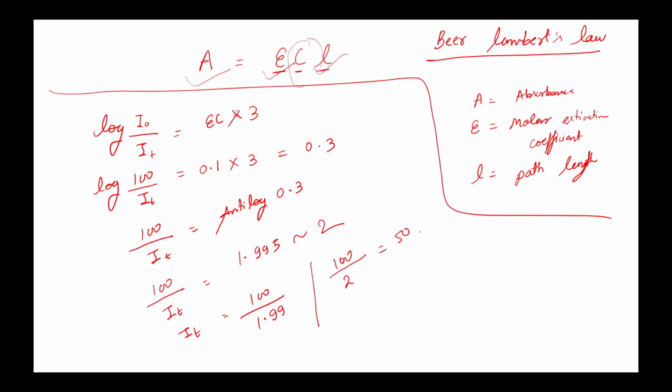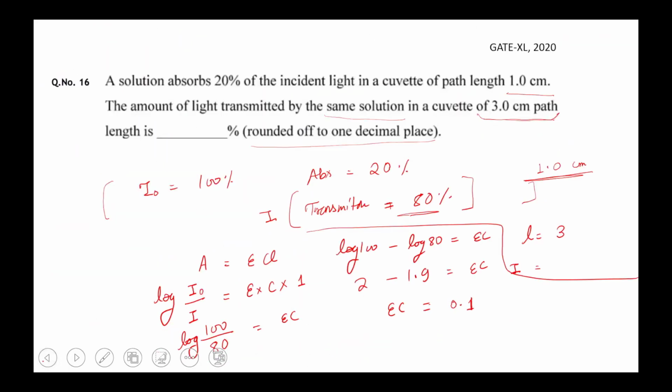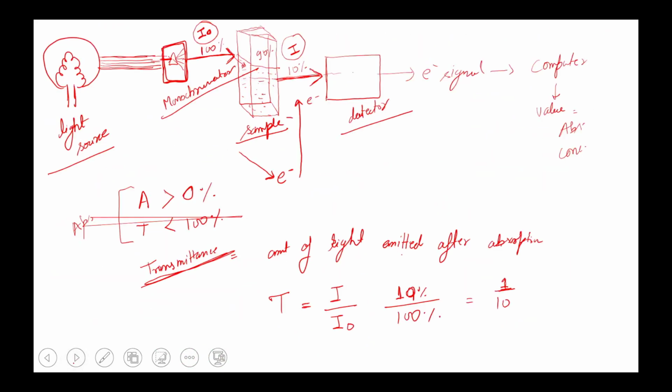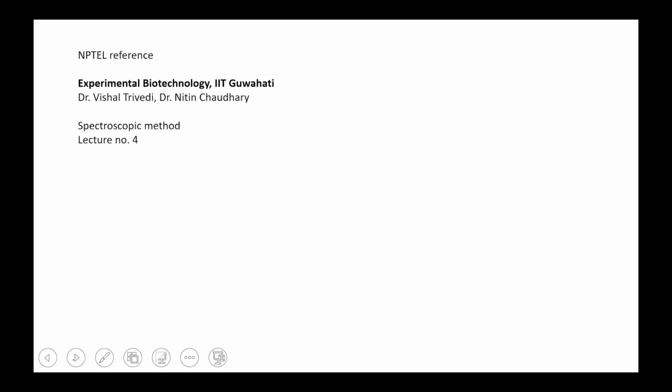That means 50% will be the transmittance. If we solve this precisely, it will come to something like 50.12%. Because the question asks for the answer rounded off to 1 decimal point, it will be 50.1%. I hope it is clear. And this is my NPTEL reference. Thank you.